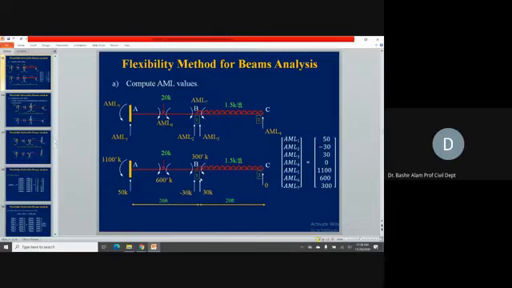Now compute the AML values. Here you can see the AML values. This is the basic determinate structure under the actual applied loads, 1.5 kip per foot and 20 kip. Now, how do we analyze this basic determinate structure, which is just a cantilever? Here, we don't have any support, so 0.